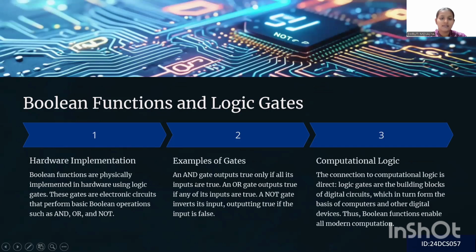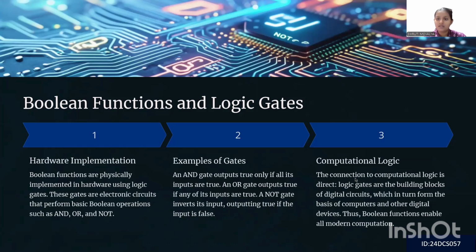It means AND gate represents multiplication of function inputs. An OR gate outputs true if any of its inputs are true. It means OR gate represents addition. A NOT gate inverts its input, outputting true if the input is false. It means NOT gate represents the complement function.